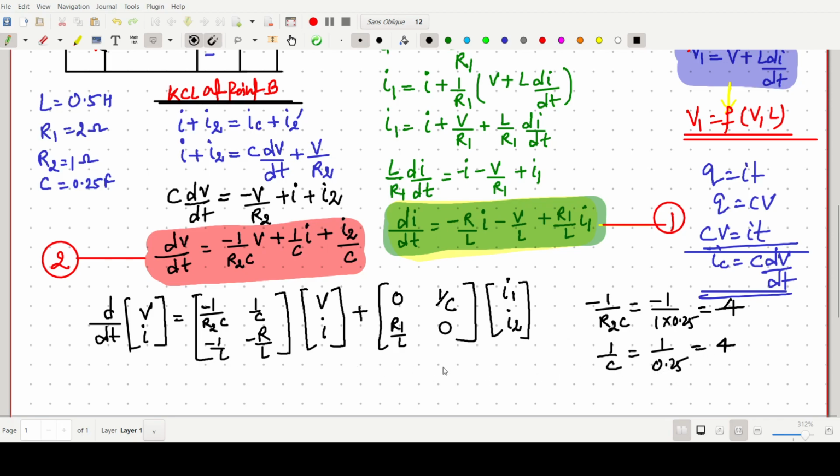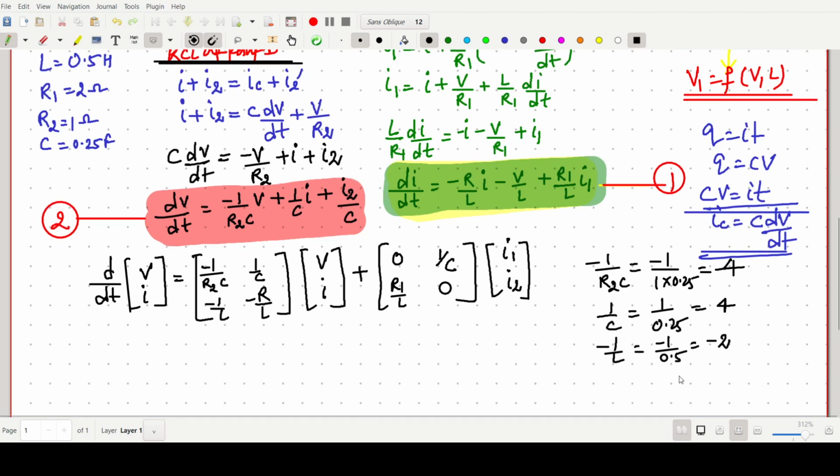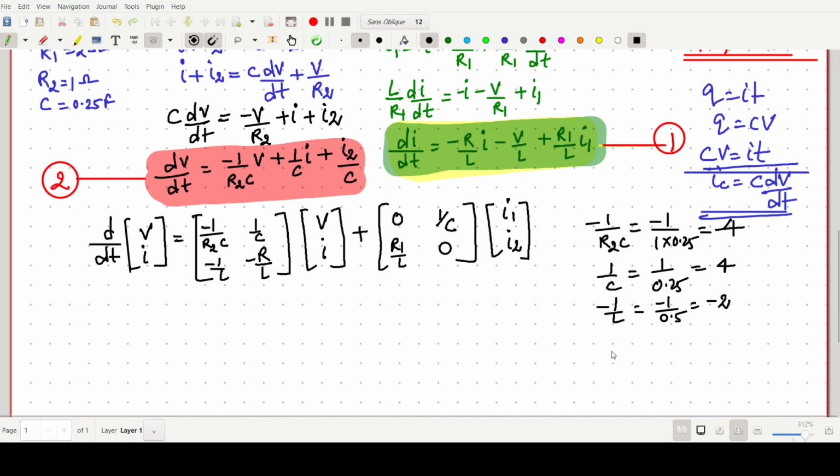Then minus 1 by L. Value is 0.5, so it should be minus 2. Then minus R by L. Better to write R1 L, otherwise something will be confusing.